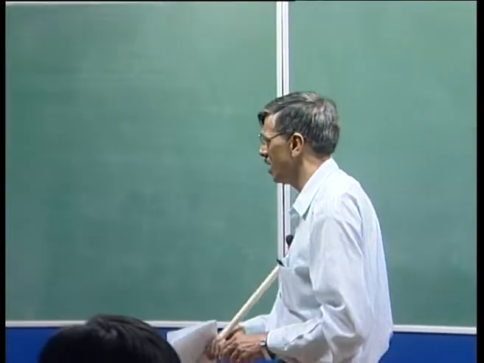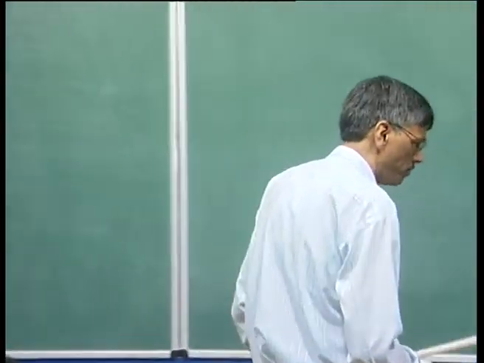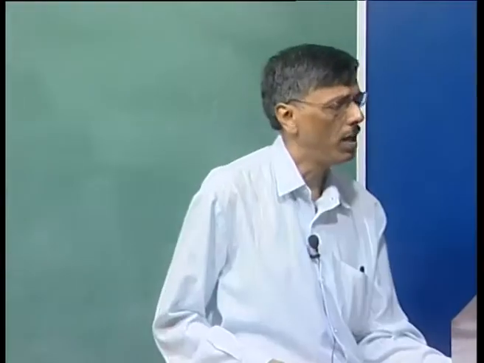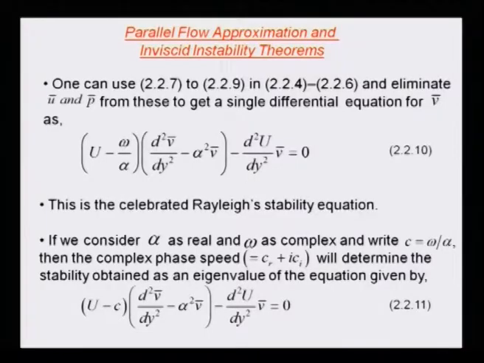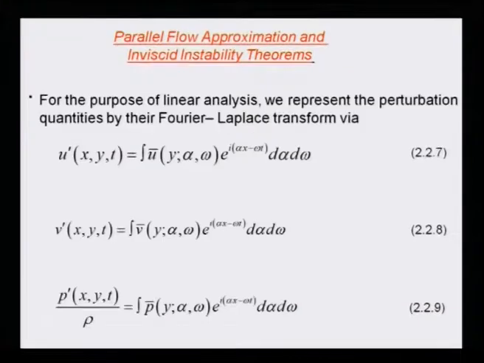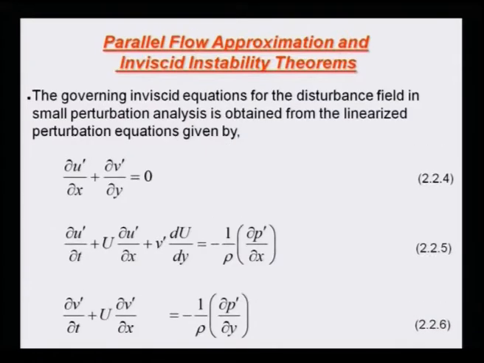So, let us get back to this discussion on the parallel flow approximation and inviscid instability analysis of a two-dimensional flow. And we did obtain the governing equation. Let me go back in the slide, and you can see how it was. So, we will keep that here. So, those are those three equations that we have.